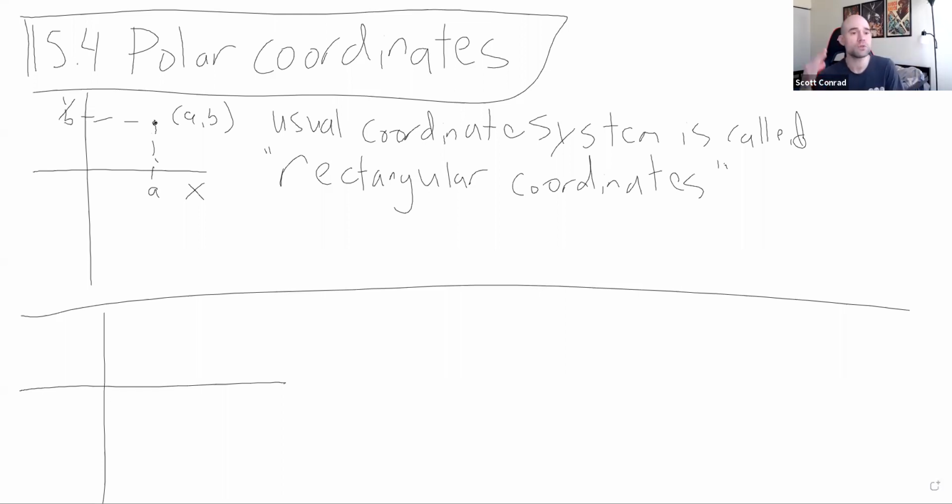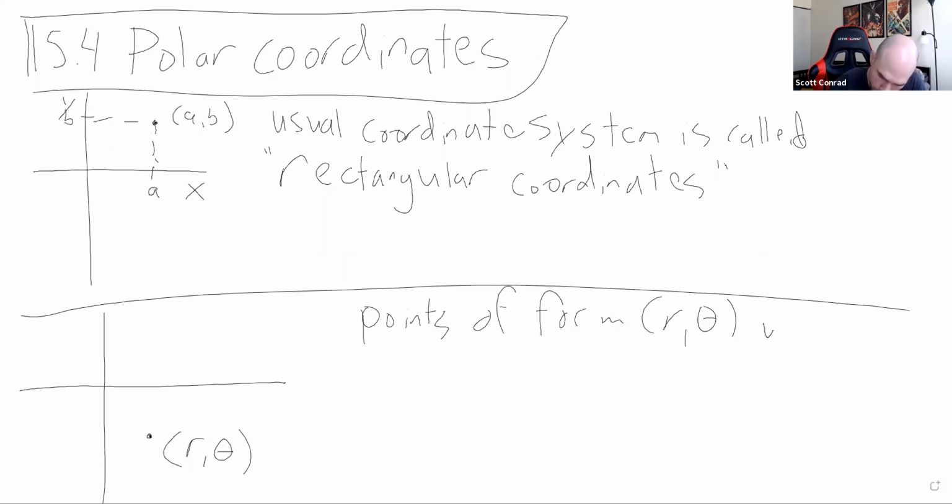So polar coordinates, instead of labeling a point x, y, for how far along the x-axis you go, how far along the y-axis you go, we label a point r theta. So points are of the form r theta, where r, the first coordinate, gives you the distance of the point from the origin.